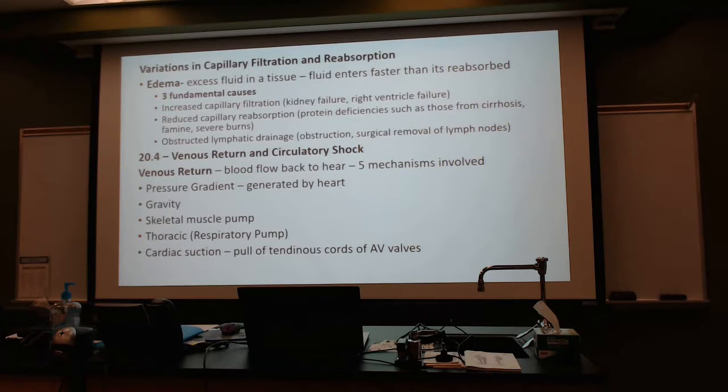And this causes the drainage problem, because lymph vessels do help to drain fluid from tissues, but they can't because they're now obstructed because those lymph nodes have been removed.